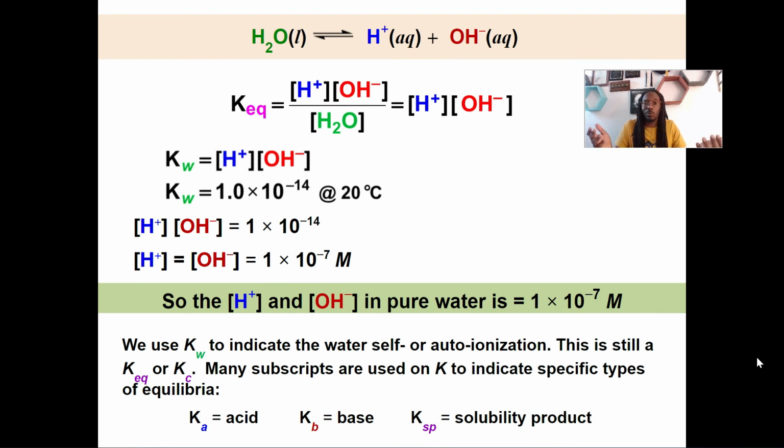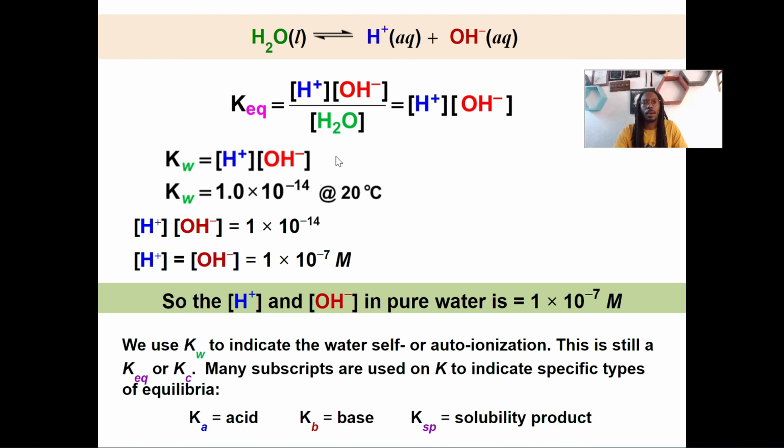It's just a new subscript for our K, and it's still an equilibrium constant. I've listed here some more equilibria we'll be talking about in upcoming videos: Ka, Kb, and Ksp. The subscripts just change depending on what you're working with. Kw is water, Ka is acid.